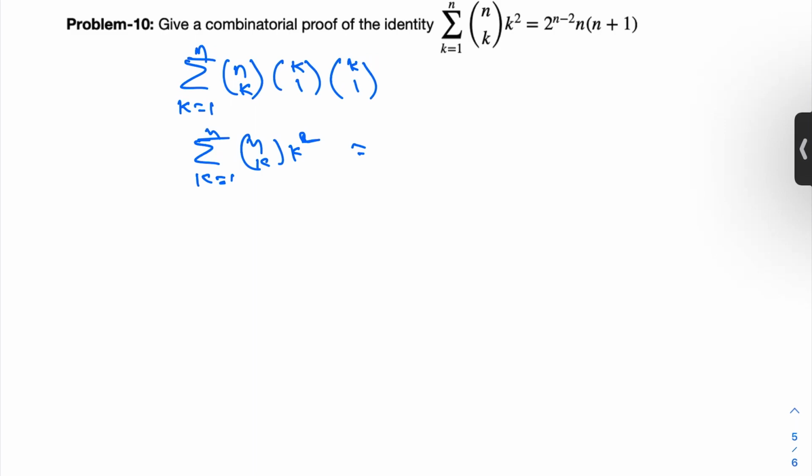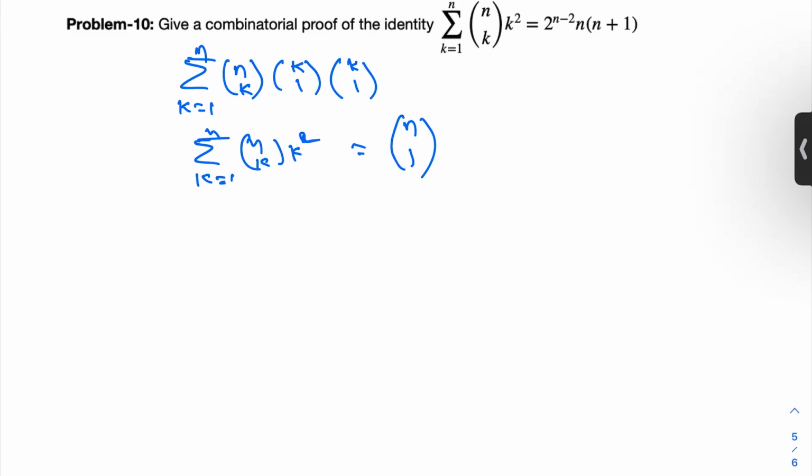So let's do two cases. If we are picking one person to fill the two positions, then we need only one person out of n people. First let us pick one person out of n people and assign both positions to this single person. That can be done in only one way, right?